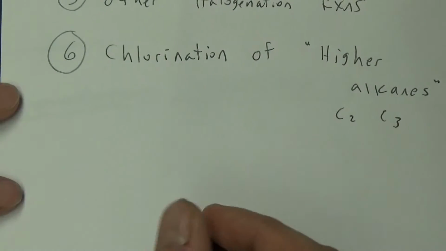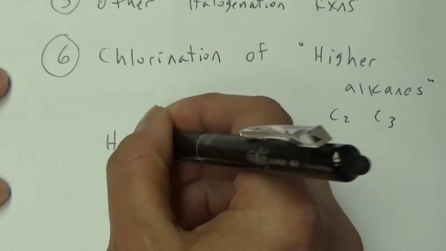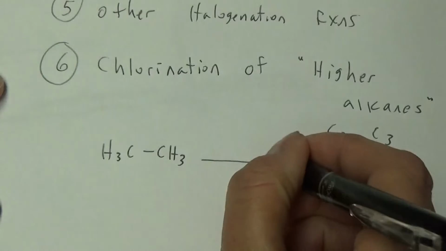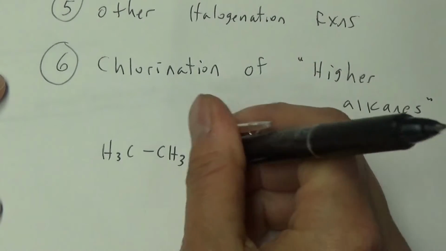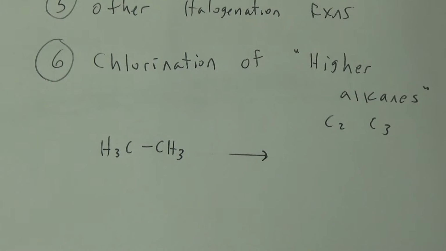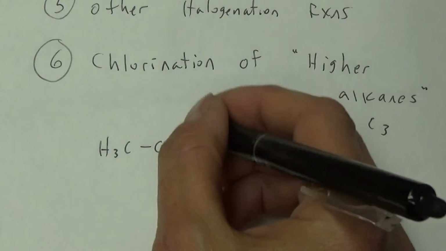Okay, all right. So let's think about chlorination of ethane. H3C, CH3. Alright, and let's react it with Cl2.